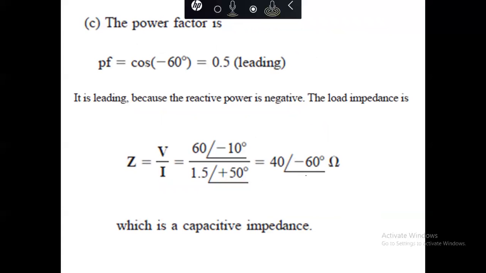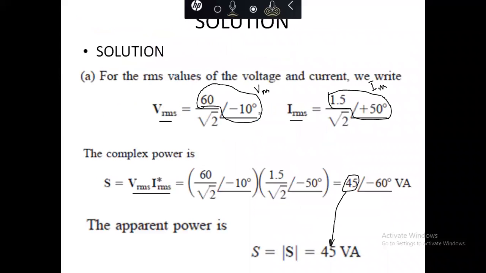Next, we have to calculate the power factor, and we calculate the power factor with cos of -60°, and that is in fact the voltage and phase angle. That is the angle of this complex power, right?